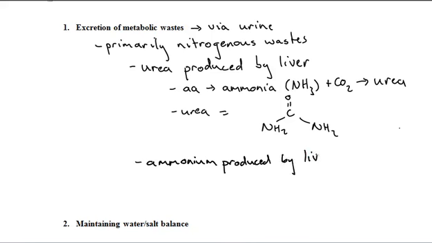And ammonium is just simply when you take ammonia, and when it's in water it forms ammonium ions. So not all ammonia is converted to urea, as well as uric acid, which is formed when nucleotides are broken down.